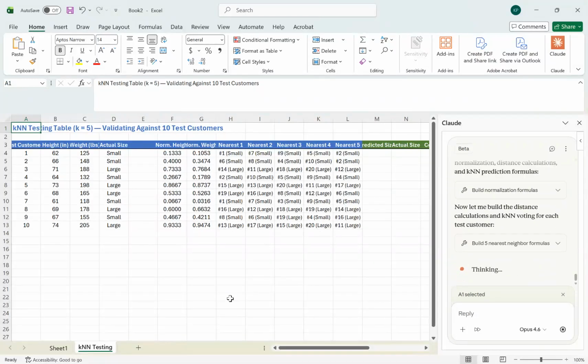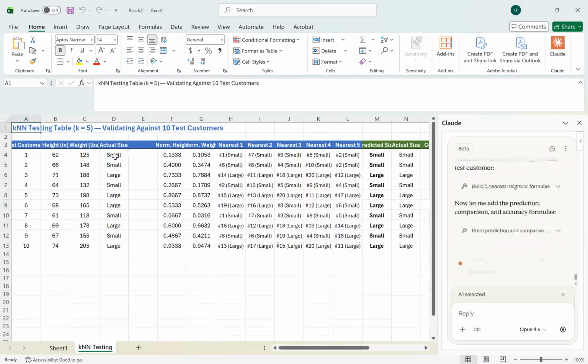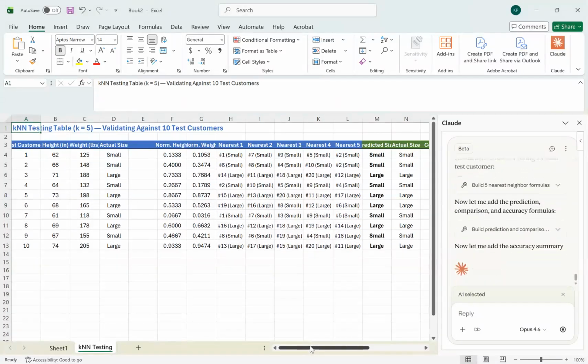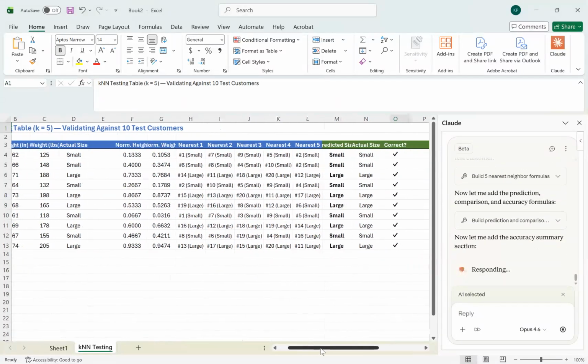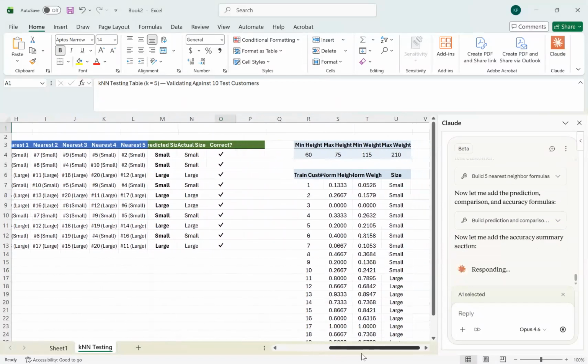For customer number one, based on the kNN method with 5 nearest neighbors, the majority looks like small, and the person actually bought small, so it's auto fitting the rows and columns very nicely. And it looks like it was true 100% of the time.